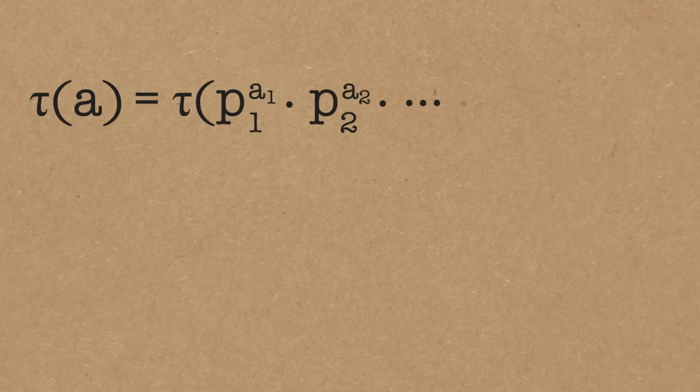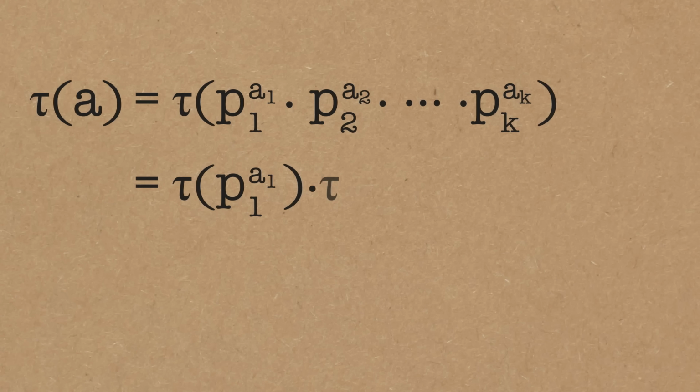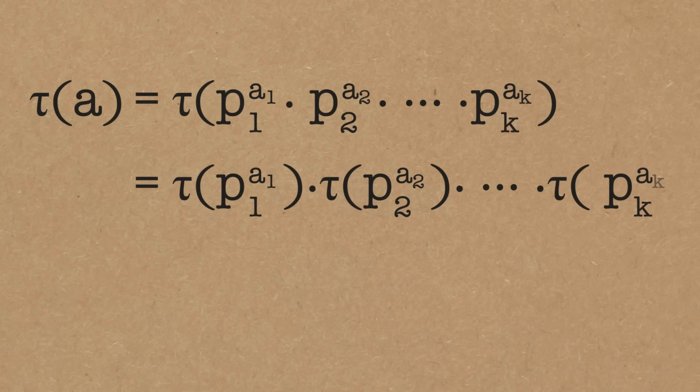In fact, a famous formula for tau, which is very useful in practice, is the following. Split n into its prime powers, like that. These are distinct primes raised to some power. Then using the splitting principle for multiplicative functions, you will split it along those prime powers because they share nothing in common, no divisors. But you can directly count how many divisors a prime power has.